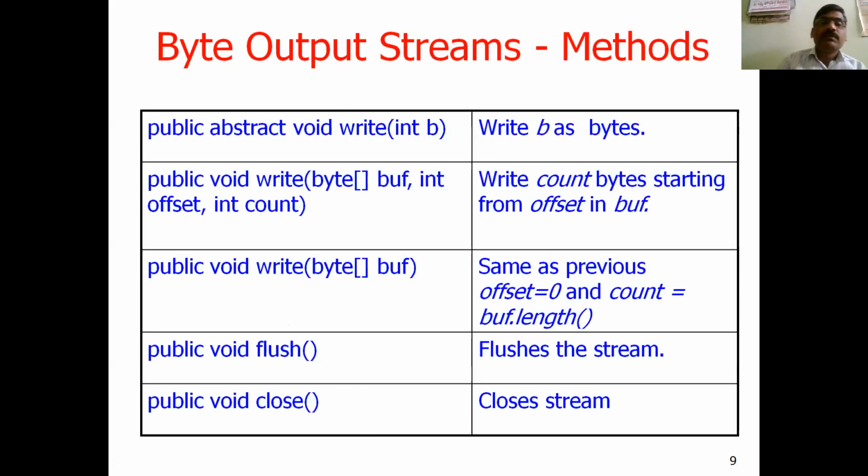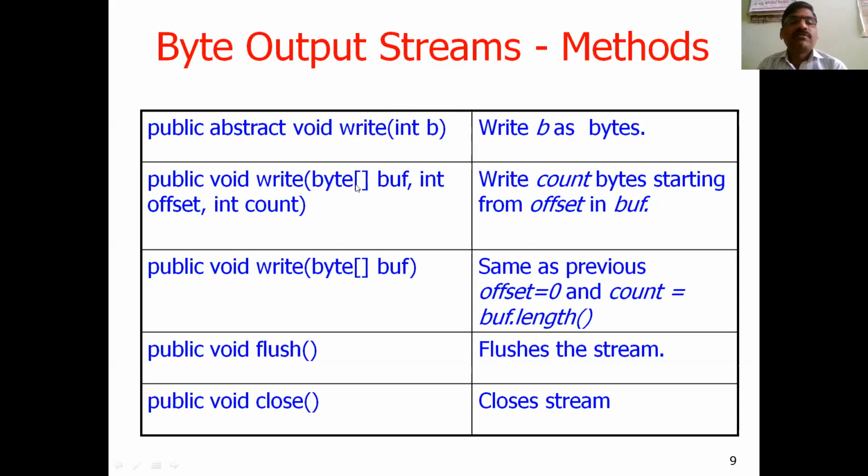Now the write methods which are defined in the output stream class: we have 3 forms of write method which are used for performing write operations. The first, write, takes an integer value b, the byte you want to write, and is used for writing a single byte.